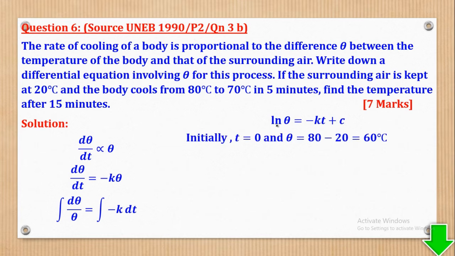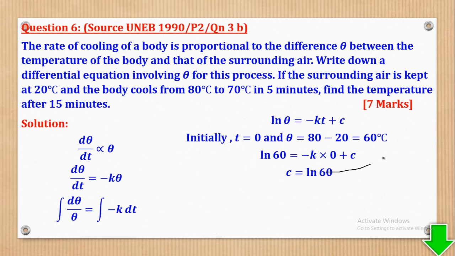Now initially when t is 0, theta is 80. So the temperature of the body is 80, but remember theta denotes the difference between the two, so theta will be equal to 80 minus 20, which is 60. So I'll come and substitute for theta and t to come up with the value of c, which is ln 60.